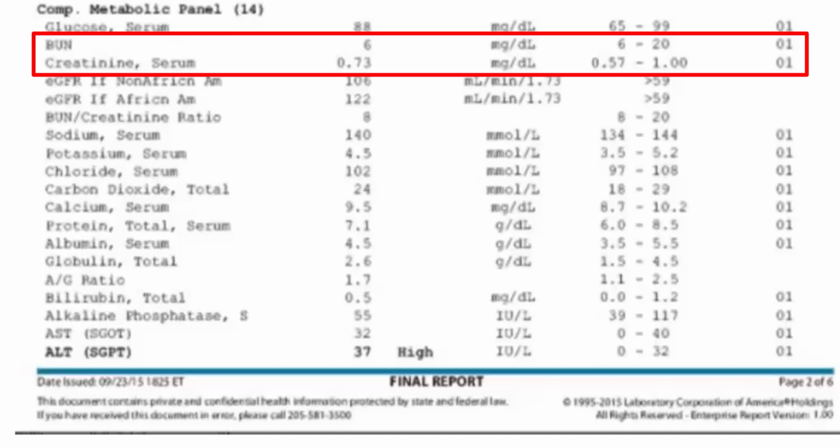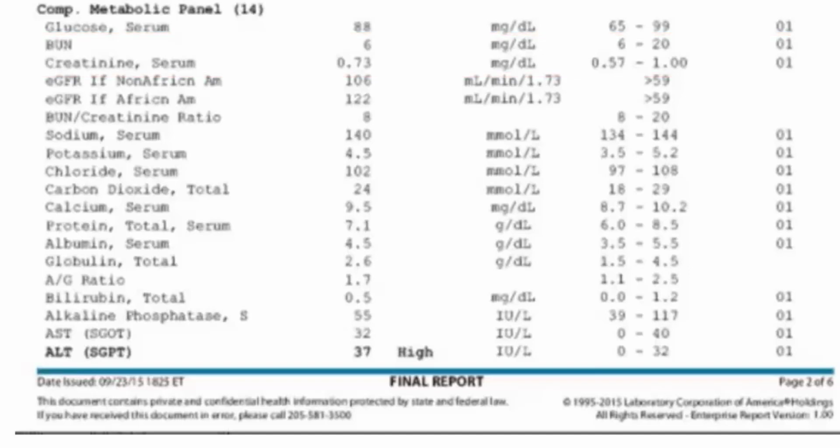If the BUN and the creatinine are high, that's when we start worrying that either the kidney has been injured in some way or there's some chronic damage being done to the kidney. I can see here there's a range of values. We don't usually worry too much if they're really low, but we do start to worry if these numbers are high, because it shows us that there's a high level of the BUN and creatinine in the blood, and it's not being properly filtered out through the kidney, which is why it's staying high in the blood.